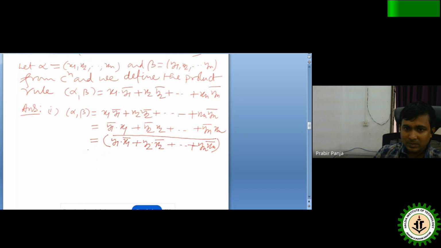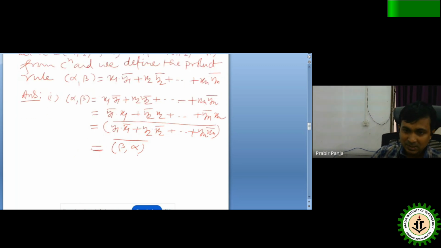Now this is nothing but beta alpha whole bar. This is the general concept of the complex conjugate, because we know that if Z1 and Z2 are two complex numbers, then the conjugate of Z1 plus Z2 will be equal to Z1 bar plus Z2 bar.